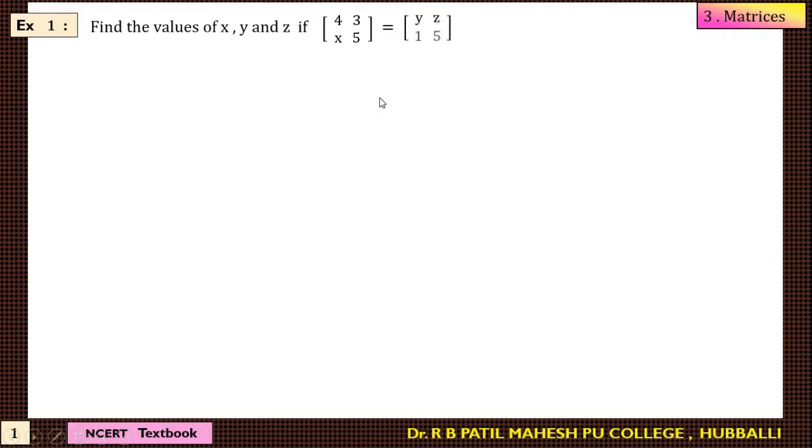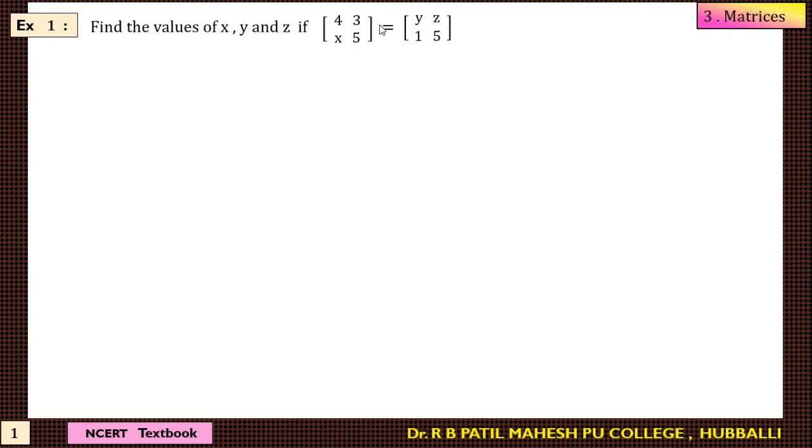First I am going to take a simple example to understand how to equate elements when two matrices are given equal. Now see the first question. Find the values of x, y and z if matrix [4 3; x 5] is equal to [y z; 1 5].